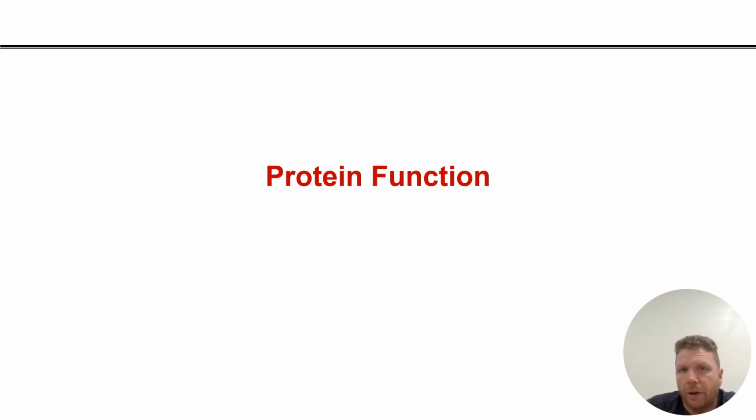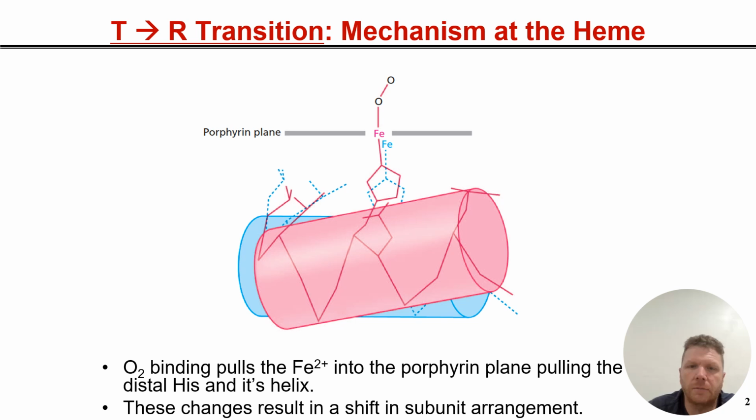Now, what we're going to talk about is we're going to begin our discussion of different structures and how the structure of hemoglobin changes. What I was previously talking about was iron binding to oxygen and Fe deoxy, so Fe moving up 0.4 angstroms.